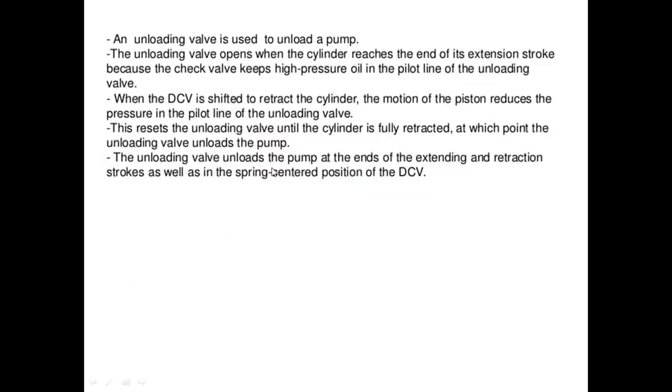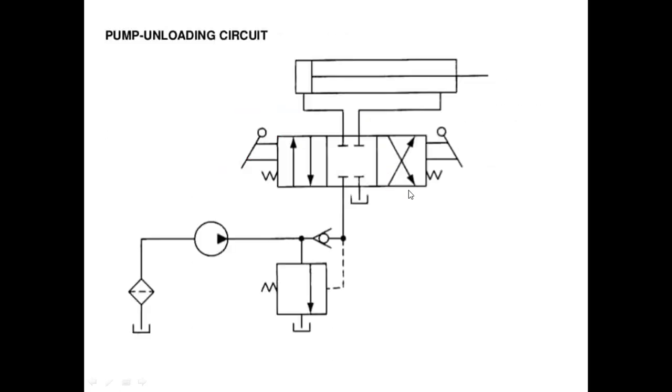The unloading valve unloads the pump at the end of the extending and retraction stroke, as well as in the spring centered position of the DCV. See, very simple. In the retraction stroke, oil returns to the PRV here and sets the system pressure. Resetting the system pressure means retraction goes to slow motion.